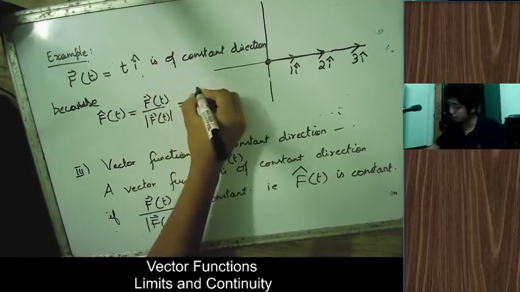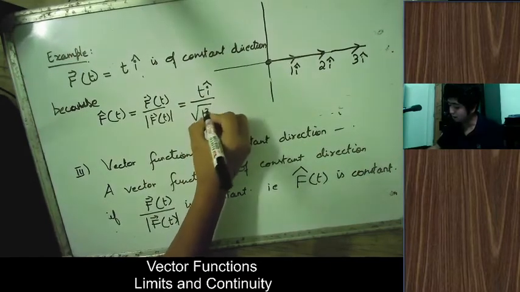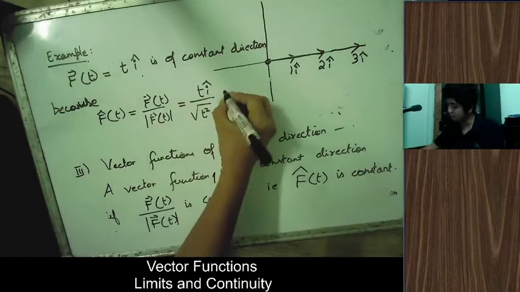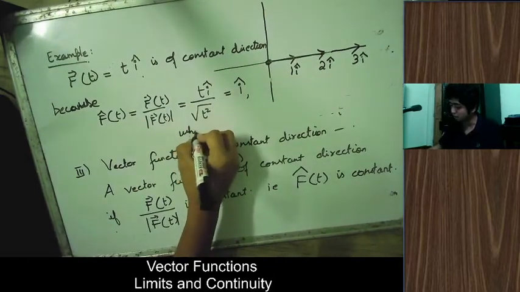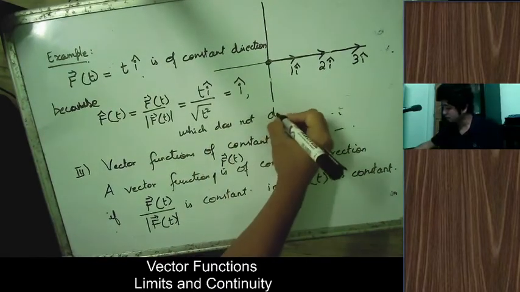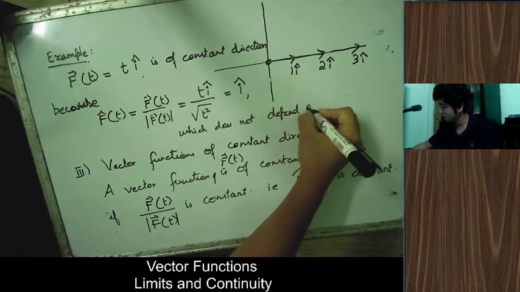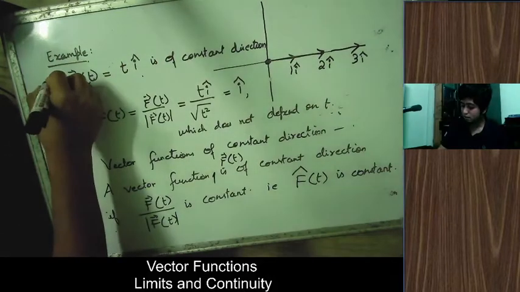So f(t) will be t i, and the magnitude will be root over t square. If you simplify it, we'll be getting i, which does not depend on t.